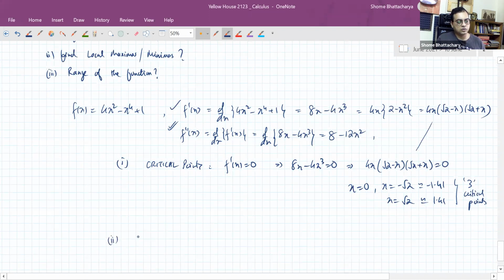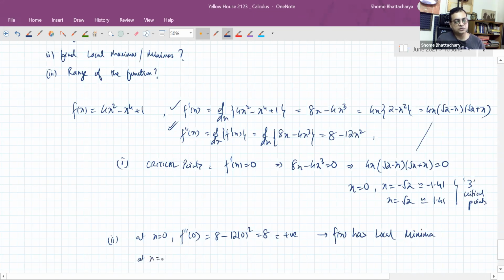So at x equal to 0, f double prime of 0 is basically 8 minus 12 into 0 square. So that is 8. So it is positive. So f x has local minimum at x equal to 0. At x equal to minus root 2, it is 8 minus 12 into minus root 2 whole square. So that is 8 minus 24.